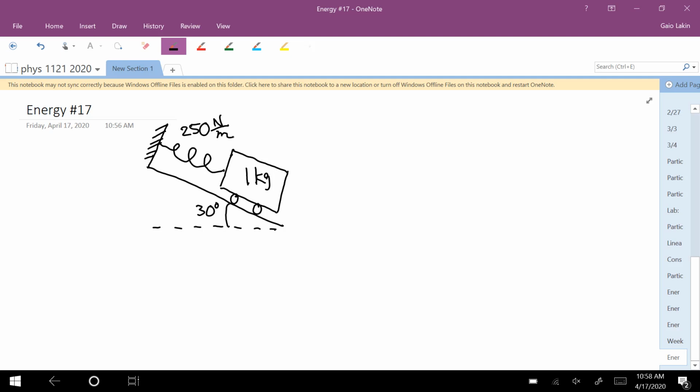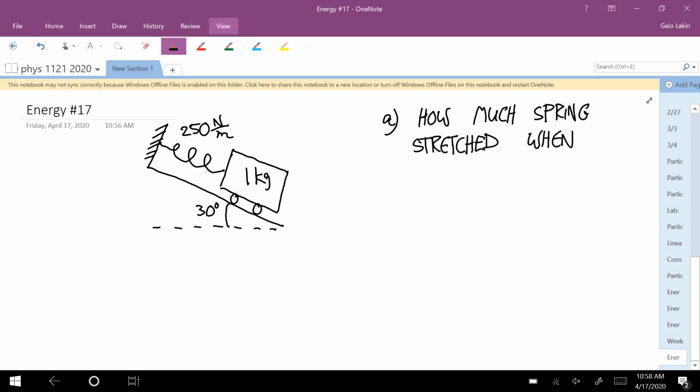Okay. And we're trying to figure out first how much the spring is stretched when it's hanging at rest.